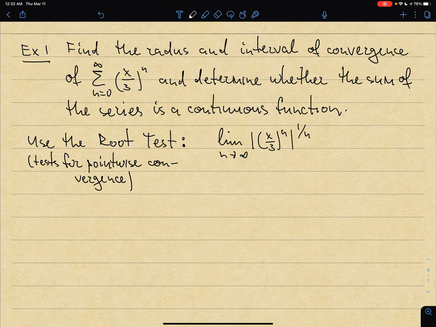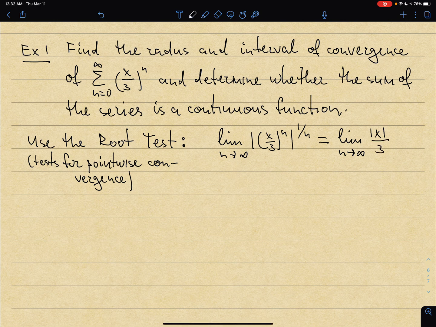All right, so the only thing that can be negative here is x, actually, right? And then nth power, 1 over nth power, n cancels out, so this is a limit as n approaches infinity of absolute value of x over 3.